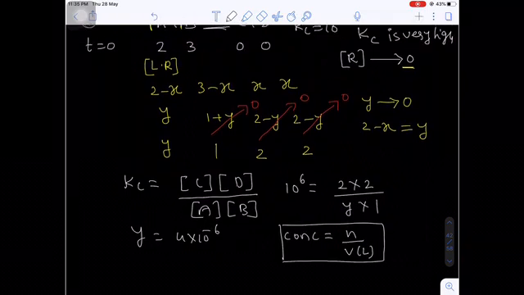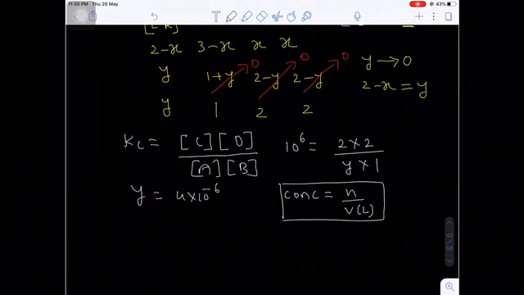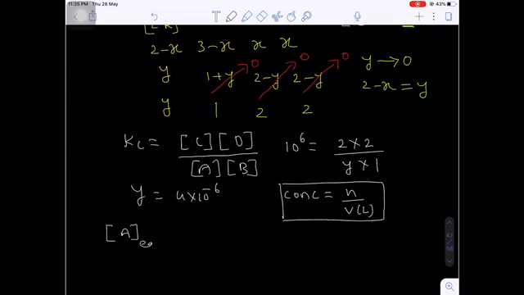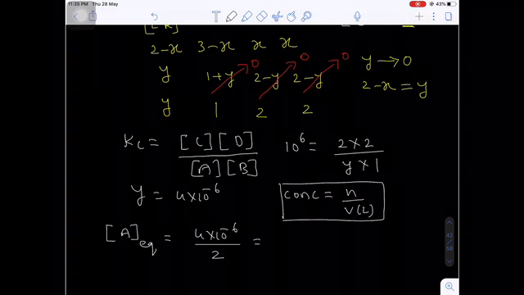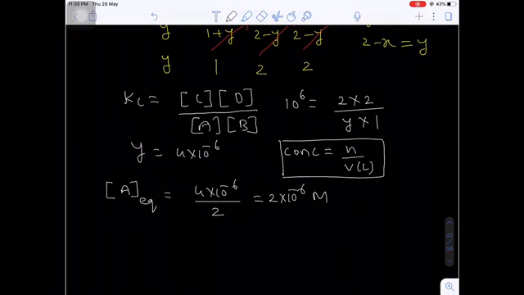So here we are writing the concentrations of A, B, C, D at equilibrium. The concentration of A at equilibrium is Y moles, that is 4 into 10 raised to minus 6 moles divided by the container volume of 2 liters, so 2 into 10 raised to minus 6 moles per liter.